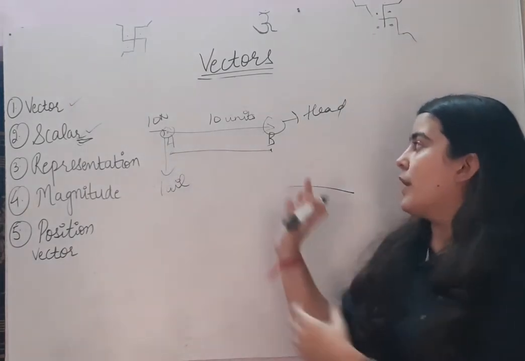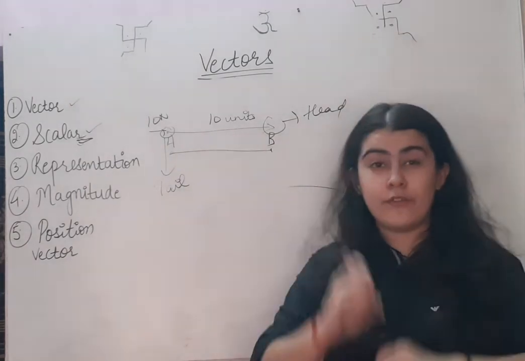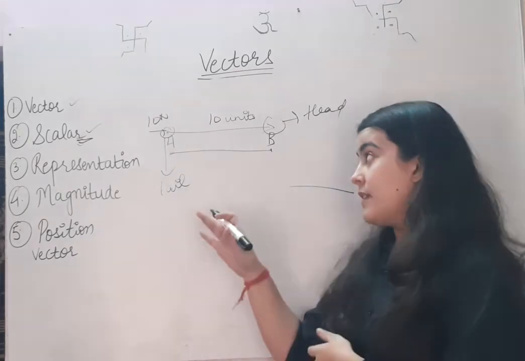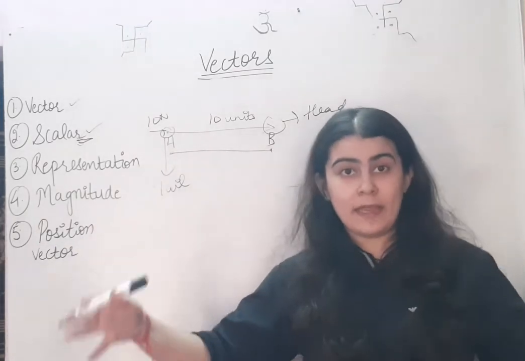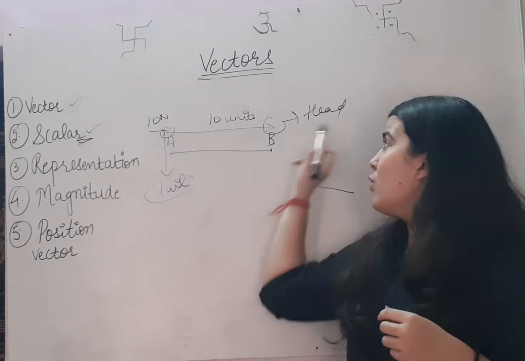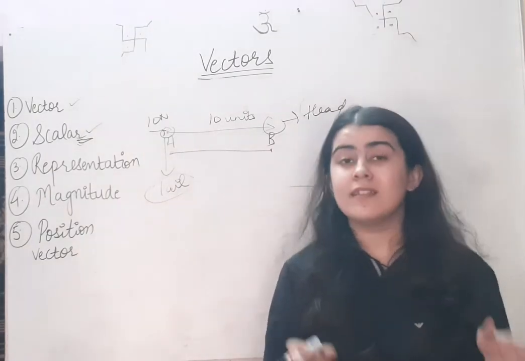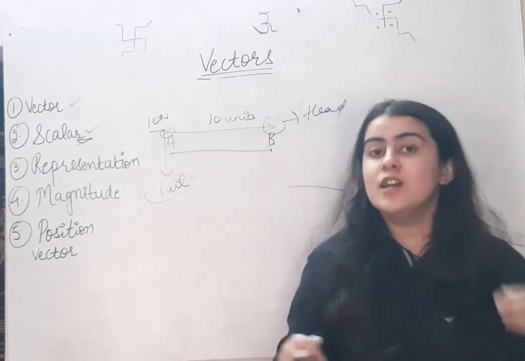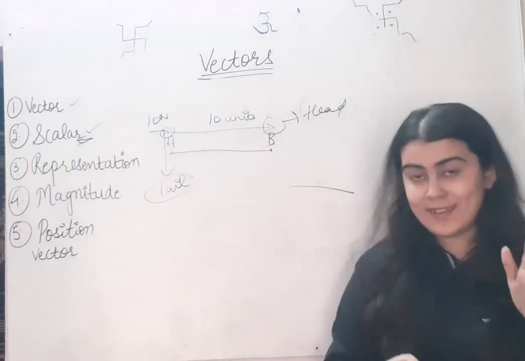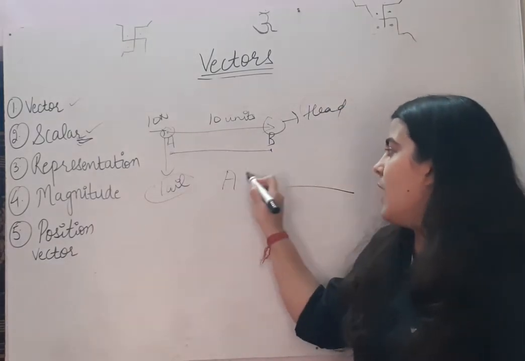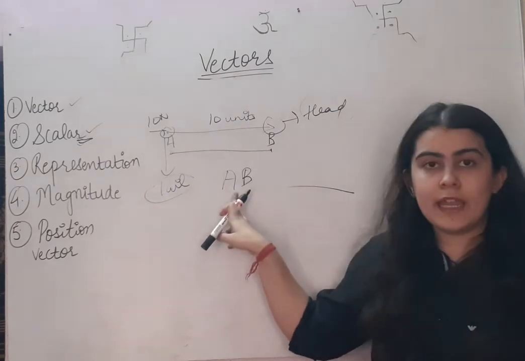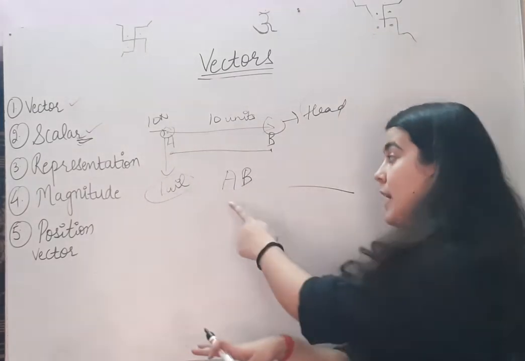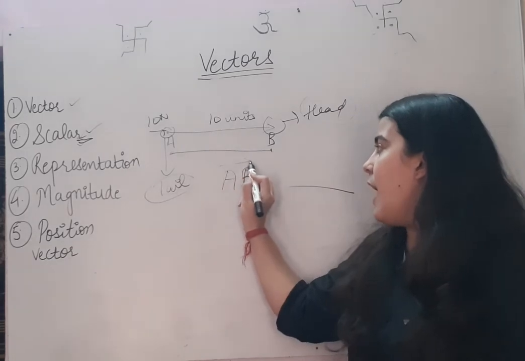But it is very difficult to denote the vector like this every time, always drawing such a big line and mentioning all these details. It could be hectic and quite a tedious task. So how are we going to represent a vector? This is how it is: a vector from A to B, and we put an arrow over it.